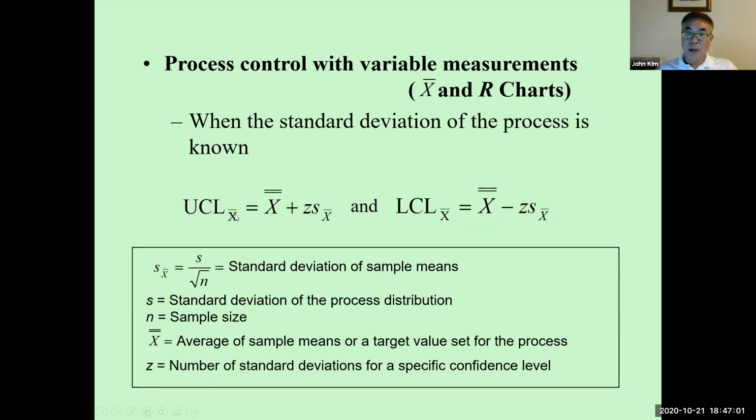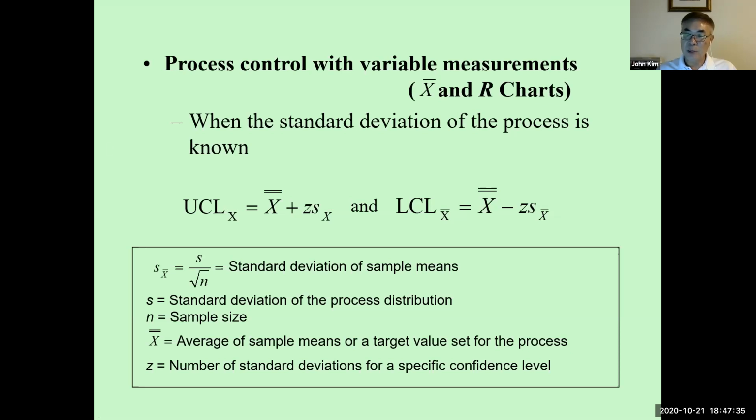UCL X bar equals double X bar, that means X bar is the mean of X, and double X bar means the mean of averages, plus z-score times standard deviation. From a sample, we can get the standard deviation and then the z-score, the same as the earlier one.